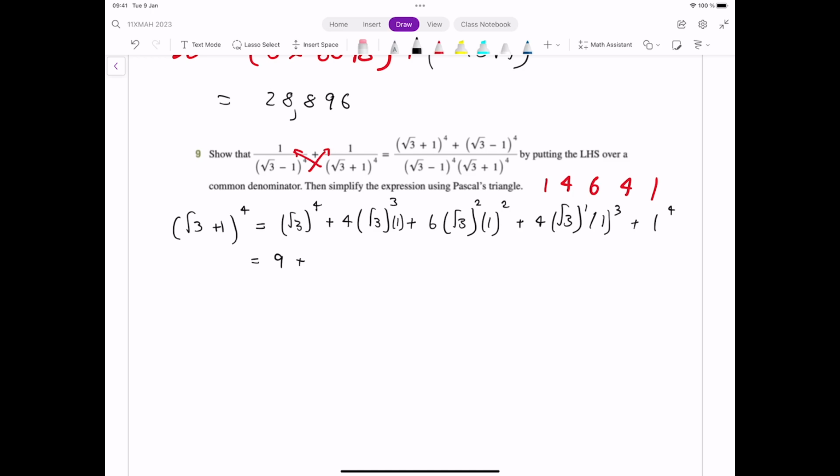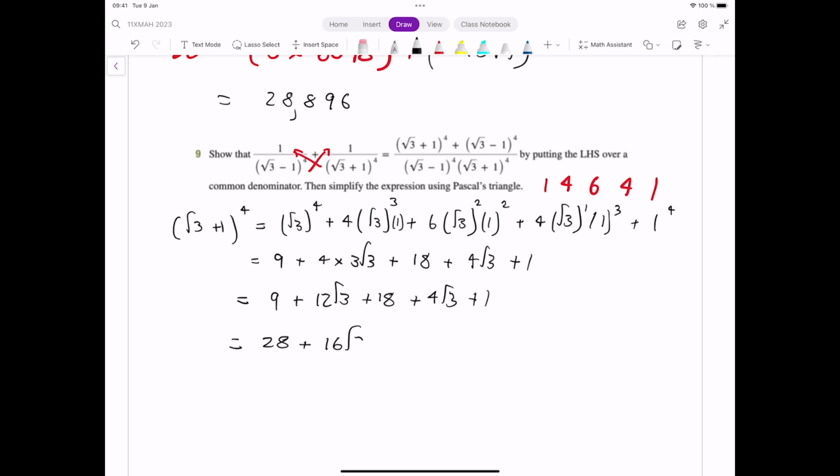So plus 4 times by 3 root 3 plus 6 times, well, we already said root 3 squared was 3, so 6 times 3 is 18, plus 4 root 3 plus 1. So this is equal to 9 plus 4 times 3 is 12 root 3 plus 18 plus 4 root 3 plus 1. So 9 plus 18 plus 1 is what? 28 plus 16 root 3.